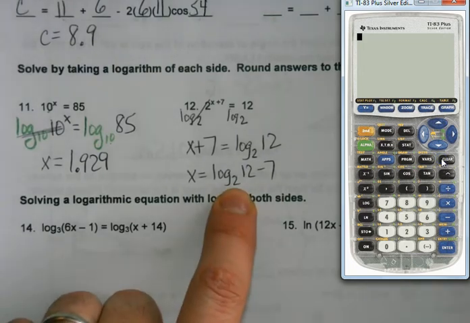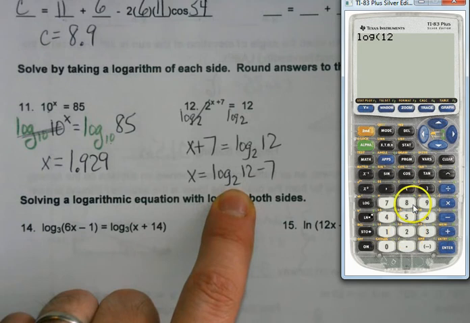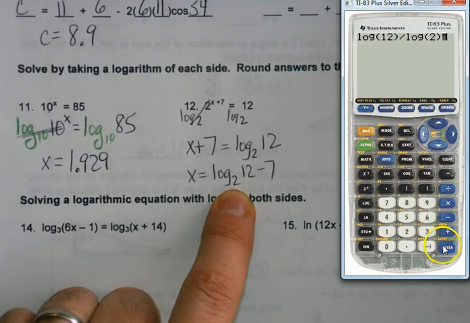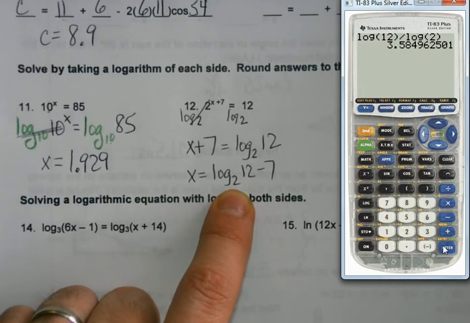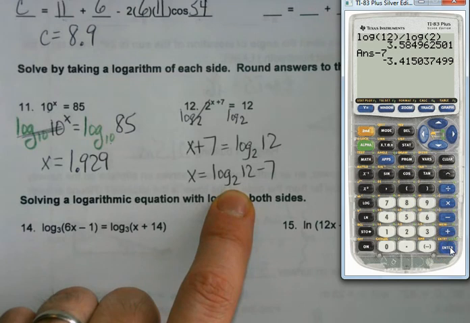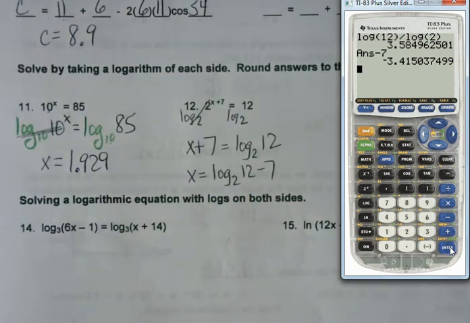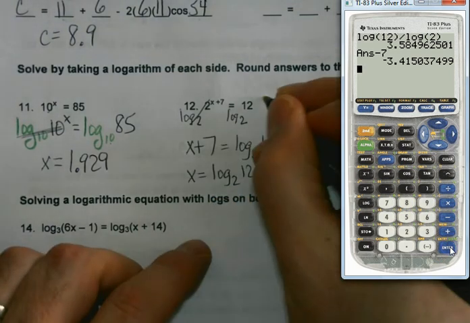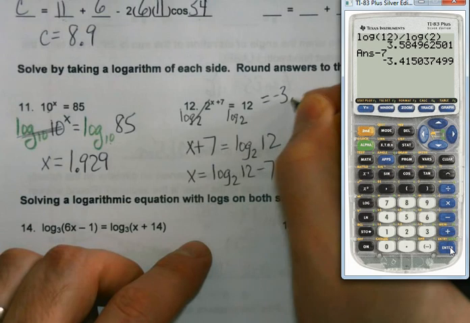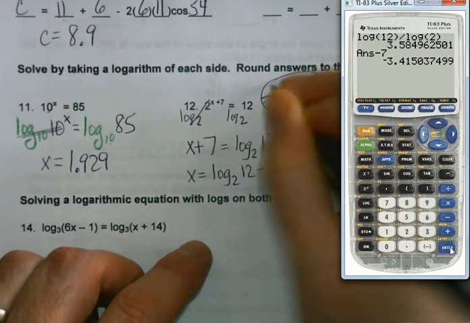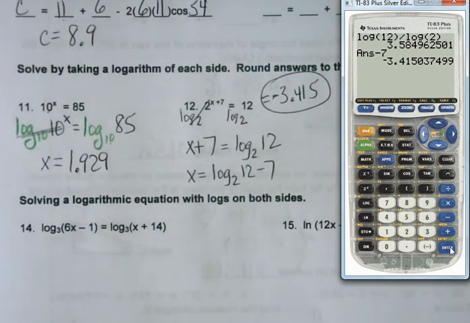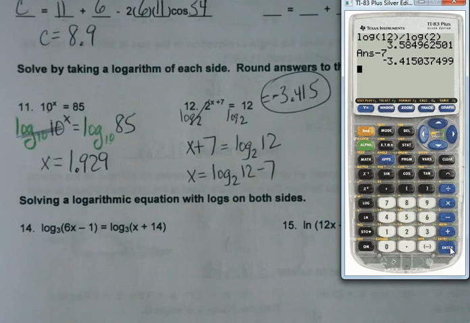I remember for this part, log of the physically larger number, 12, divided by the log of my base. I would hit enter at this point, and then minus the 7. So we are very much getting into a part of the course that is very much about detail orientation. And that's it.